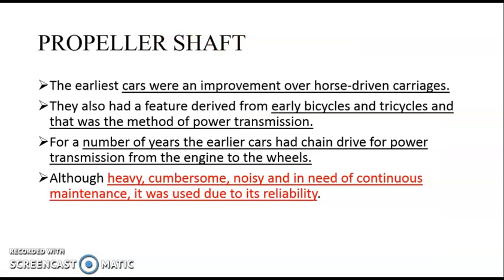First, understand the history of the propeller shaft. Earlier cars were an improvement over the horse-driven carriages.